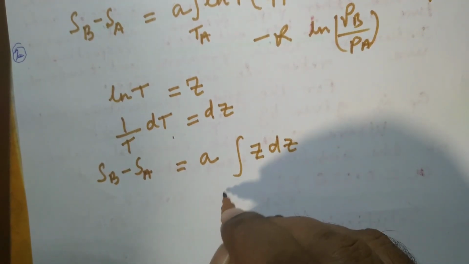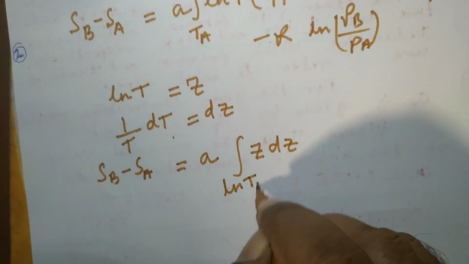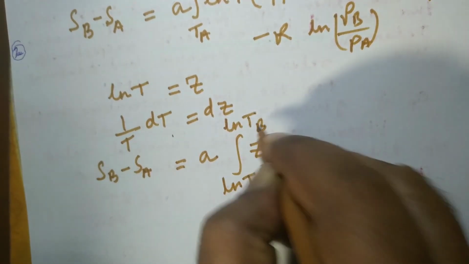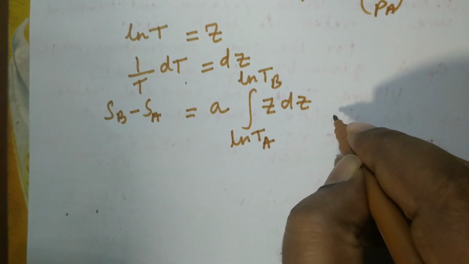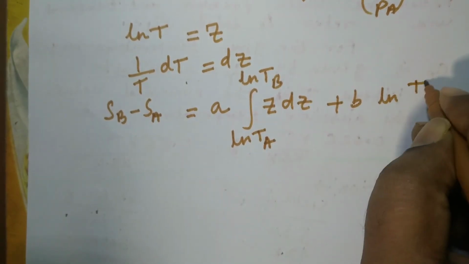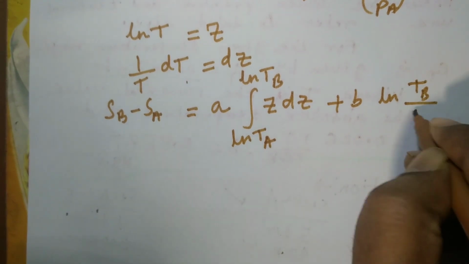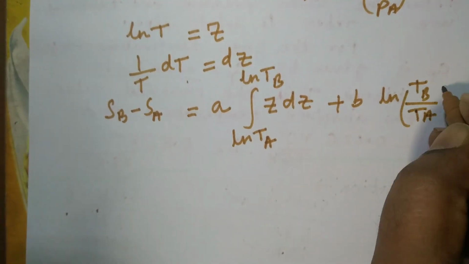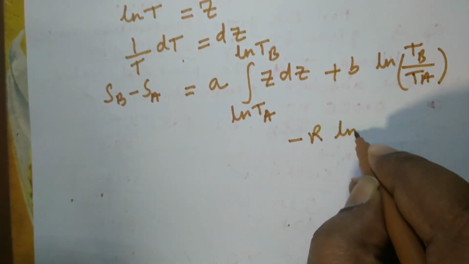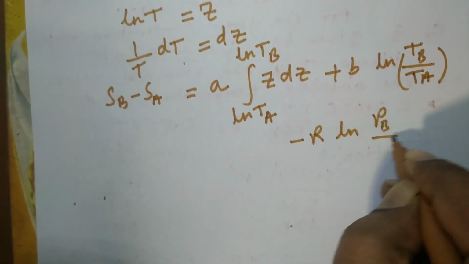Accordingly the limit will change. Ln TA will be one limit and ln TB will be another limit. Then plus B ln TB upon TA minus R ln PB upon PA.